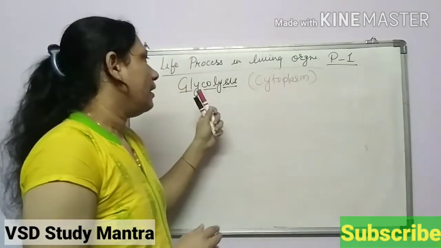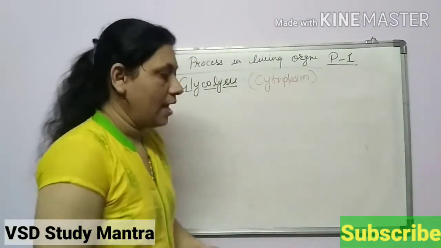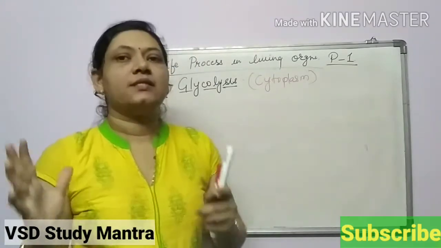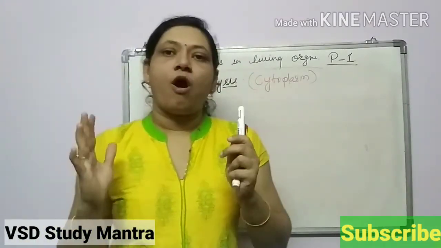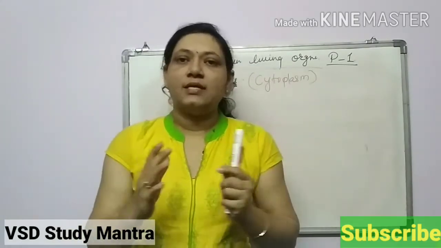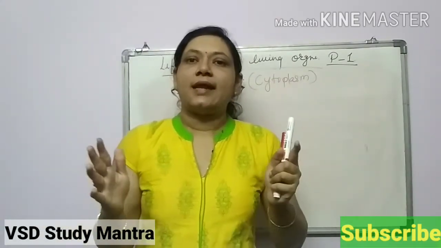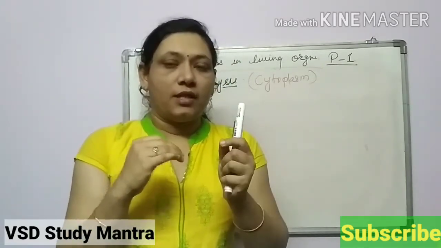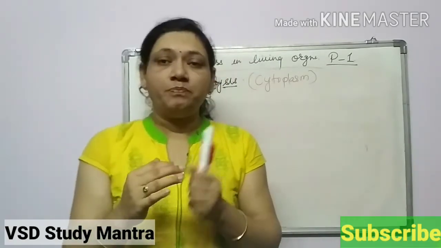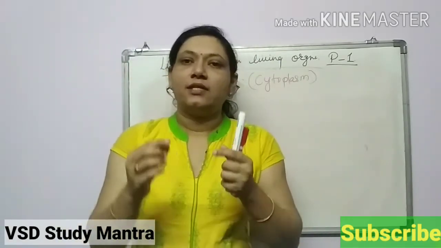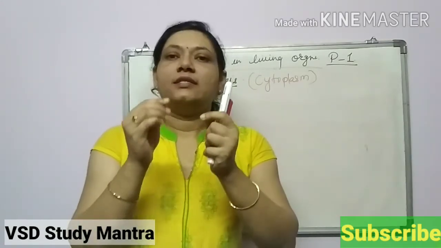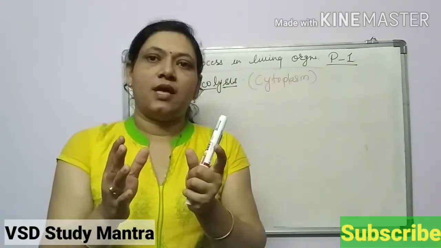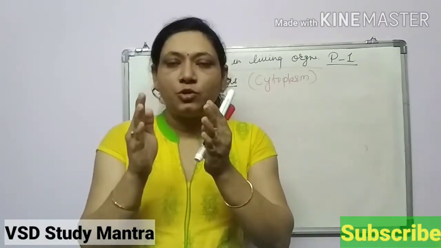So glycolysis means the splitting of glucose. The 6 carbon atoms of the glucose split into 2 parts, just like the cell in the embryo, which we studied in the previous lesson on embryology, has the cleavage process. One cell divides into 2 and the 2 cells divide into 4.